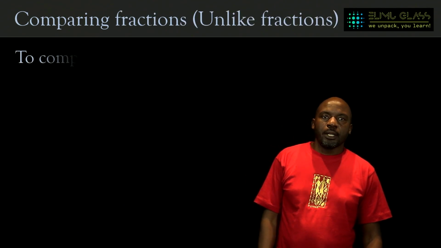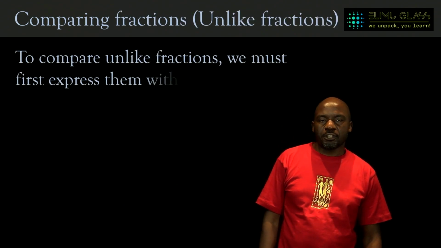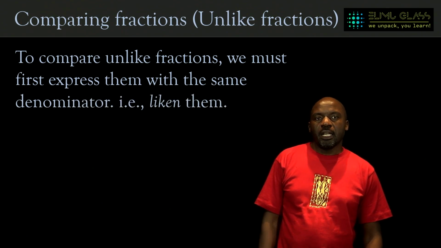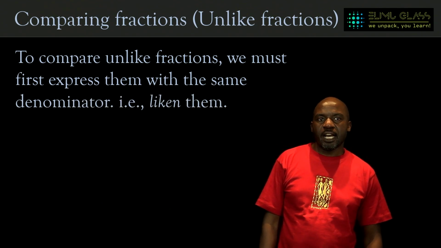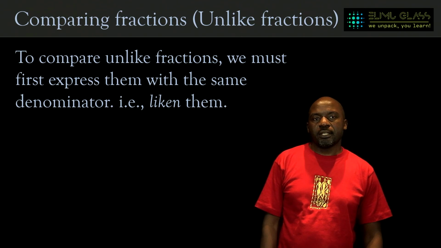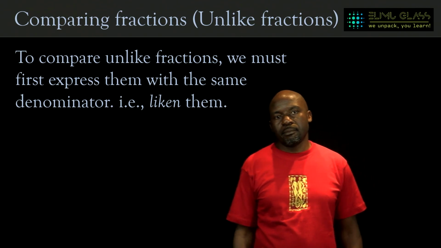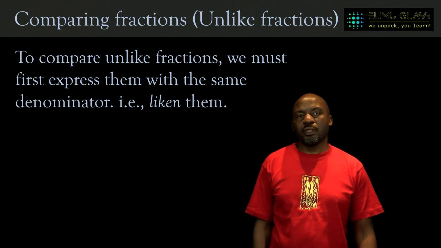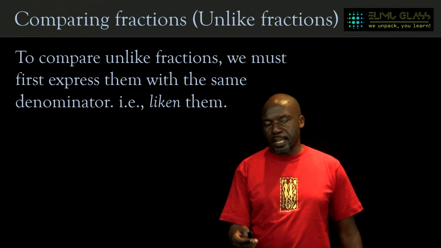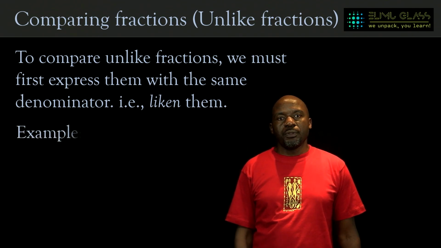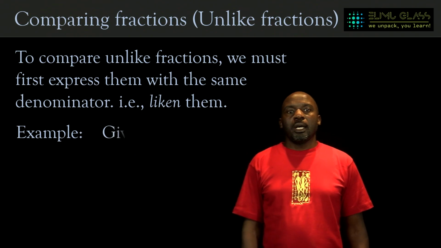Okay? Now, comparing unlike fractions. If they are not like, in other words, they are unlike fractions, our first task is to liken them. In other words, do something to ensure that their denominators are the same. All right? So how do we do that? Here is an example.